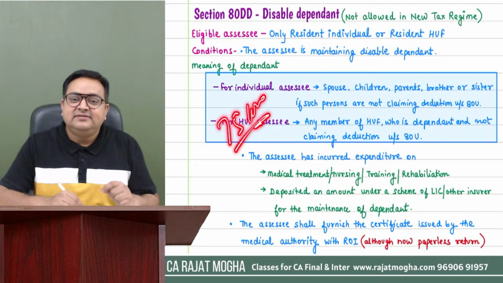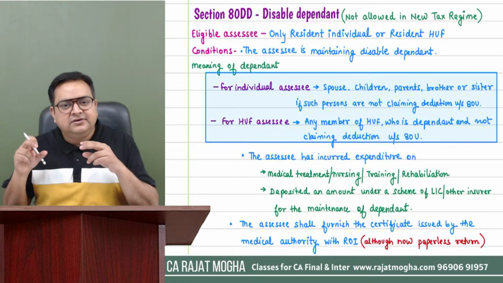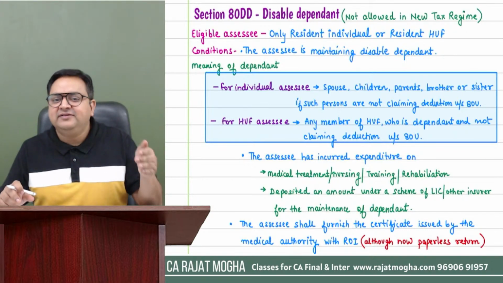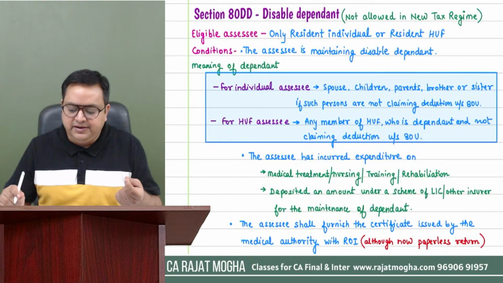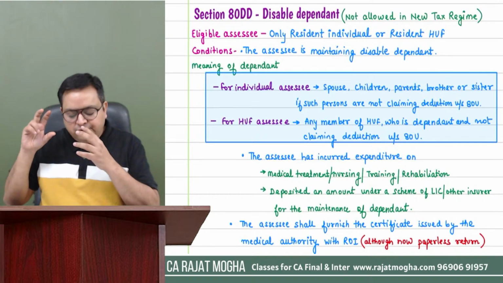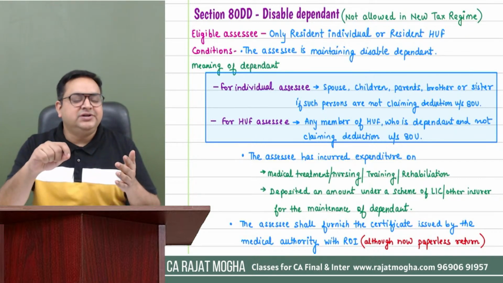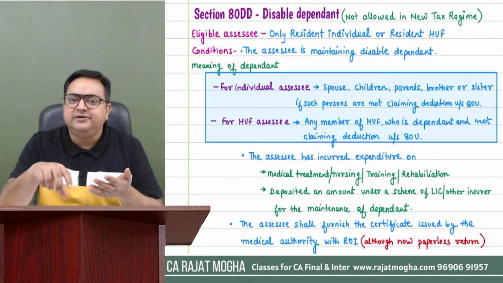And if that person is severely disabled, meaning that person is so much disabled with that particular disability that the percentage of disability is 80% or more, then that is called severe disability. Whichever authority issues this type of certificate also mentions how much percentage disability that person has.